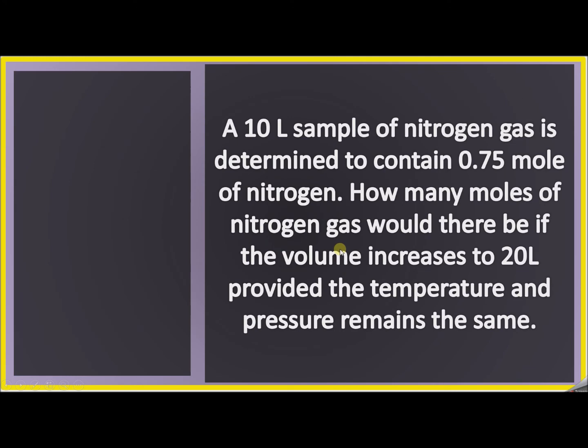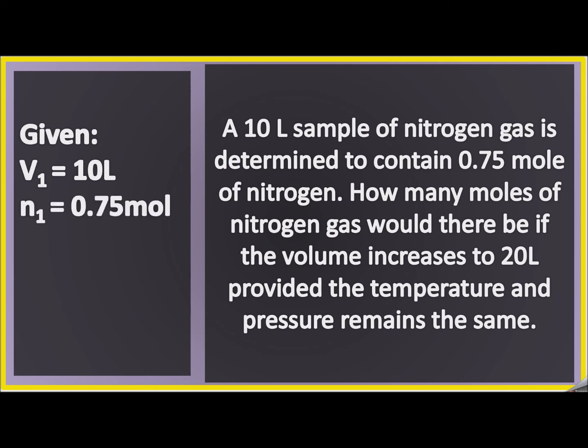So we have here the given, ayan, V1 or yung unang volume is 10 liters. N1 or the number of moles, okay? N ang symbol po ng mole. Okay? Ang unit naman is MOL. Okay, so pag nakita mo yung N, that is the number of moles, and then MOL is the unit for mole. Okay?